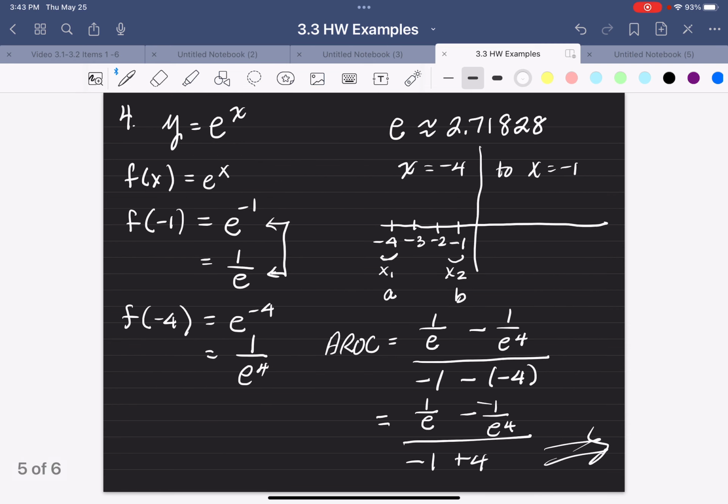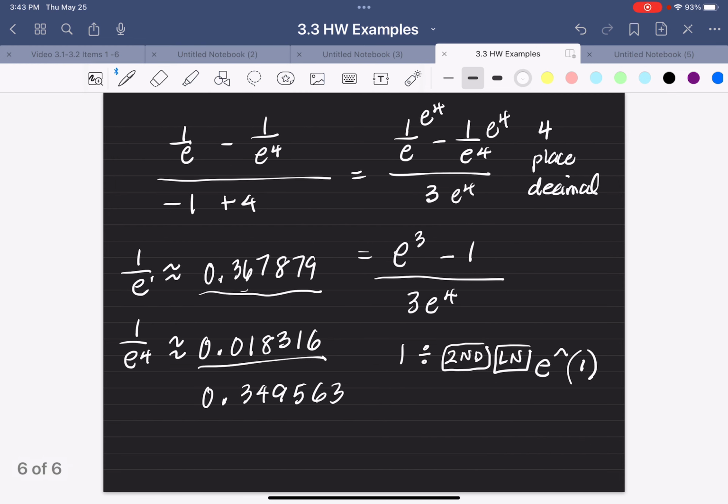Now I'm not finished yet because I have to divide that. Remember, here it is. This is the format I'm doing it in. This denominator's 3, so I have to divide it by 3. So this divided by 3 gives me my answer, 0.349563 divided by 3 is 0.116521. 4 decimal places, 1, 2, 3, 4.